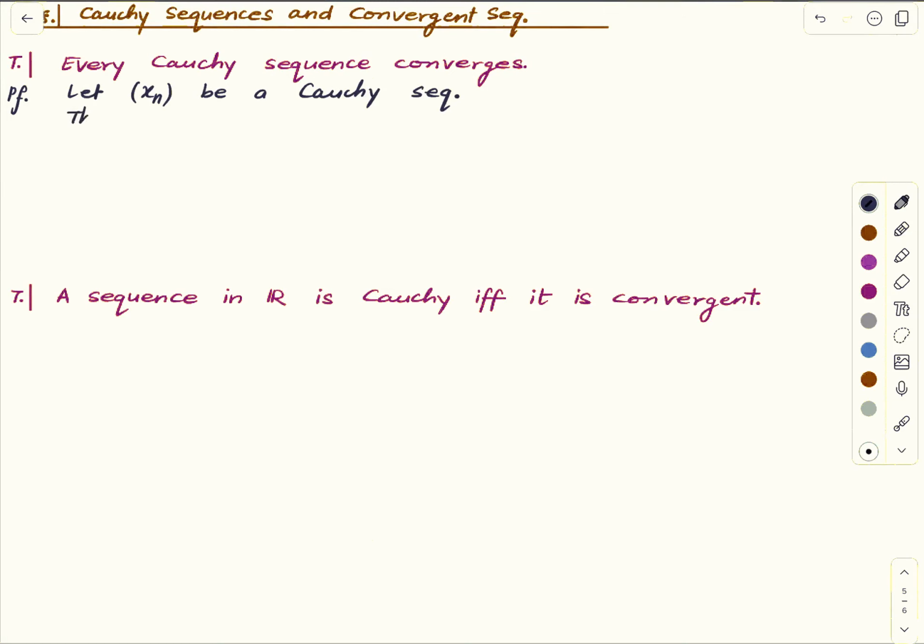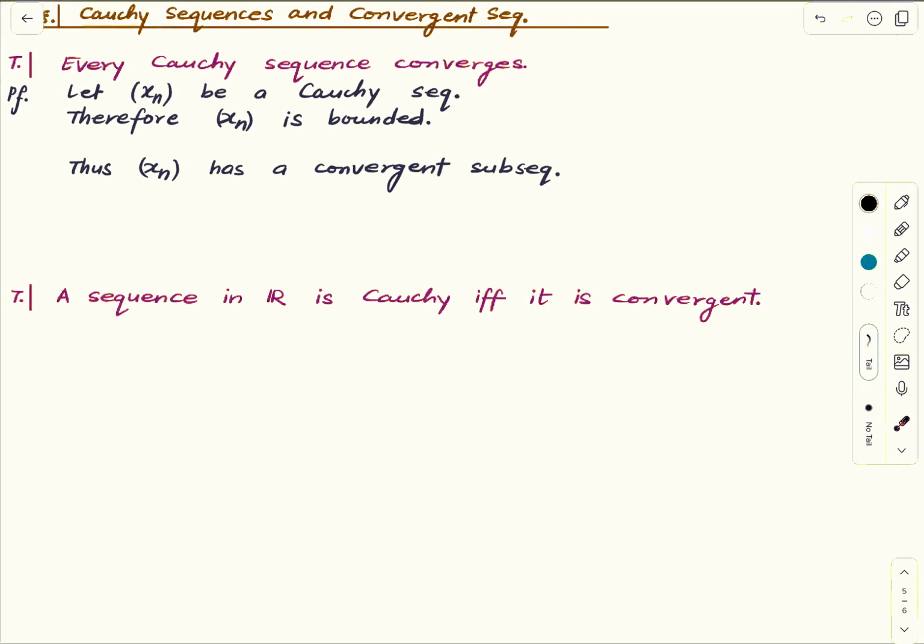Therefore, it is bounded. And now by the Bolzano-Weierstrass property, it has a convergent subsequence. So we have a Cauchy sequence with a convergent subsequence.